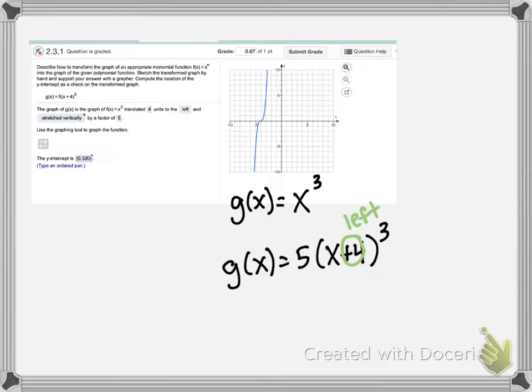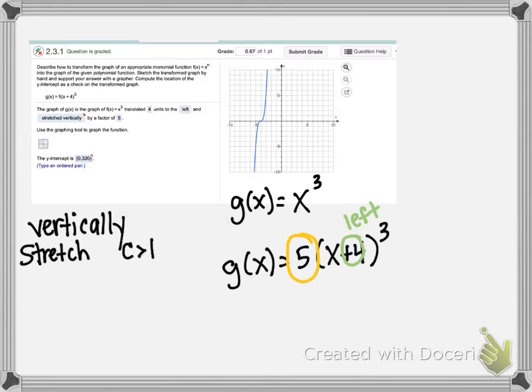And then we have the 3 in the front, or excuse me, the 5 in the front. So this is vertical, and I know it's vertical because it's being multiplied on the outside. Horizontal is when it's multiplied on the inside, okay? So a vertical stretch is when the number that's being multiplied, we'll call that C, is greater than 1.